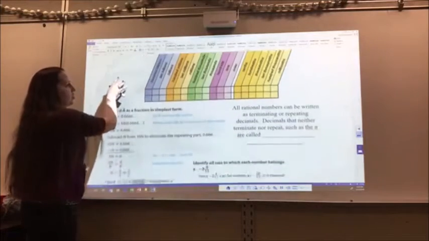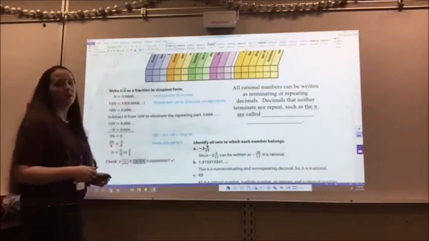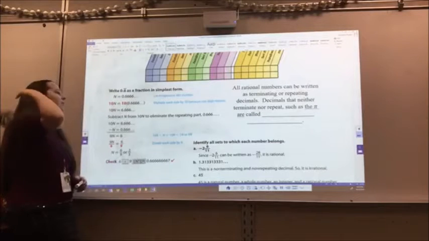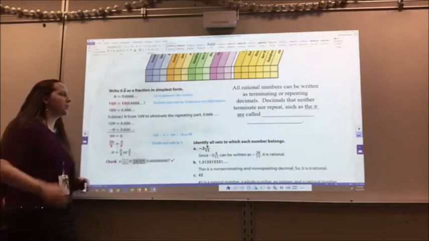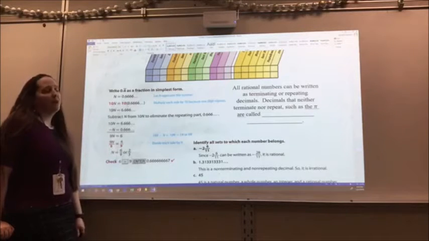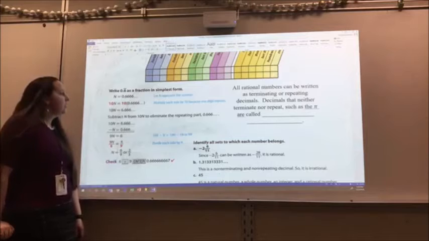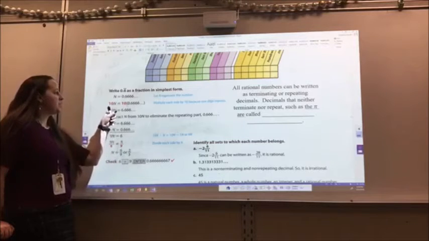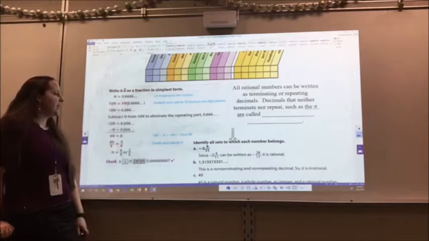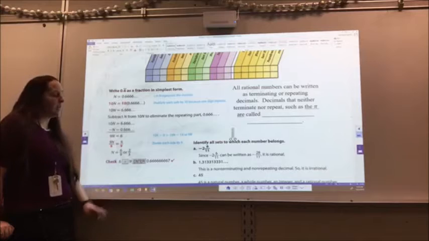Okay. You can also write repeating decimals as fractions, with a fraction bar, the bar notation. So if I have 0.6 repeating, I can multiply this by 10. So 10 on both sides, which gives me 10 times n equals 10 times 0.6 repeating. When I do that, I get 10n equals 6.6 repeating.